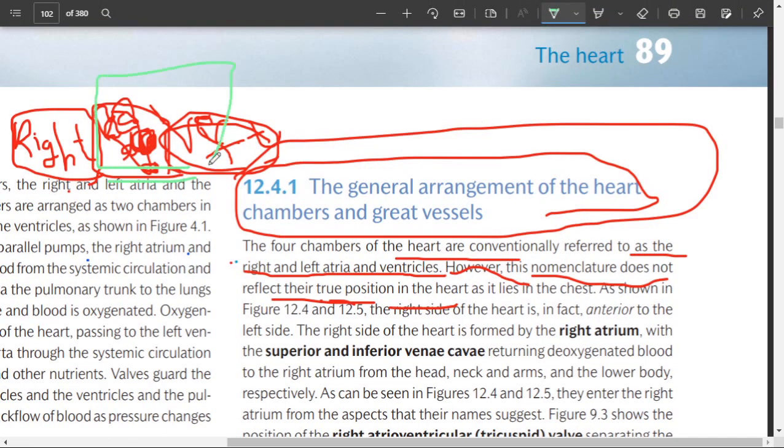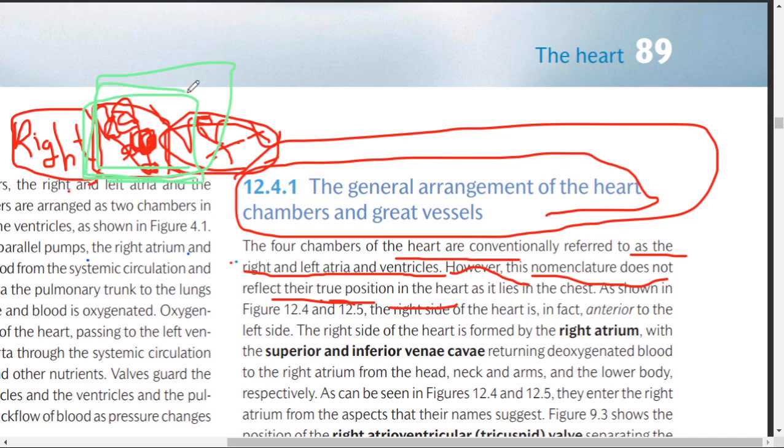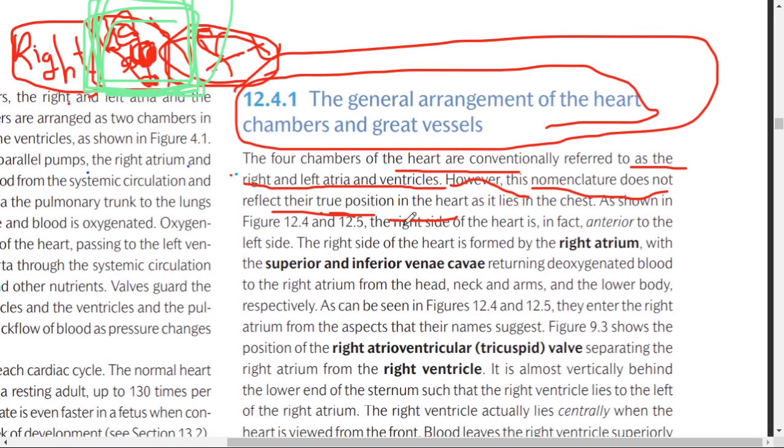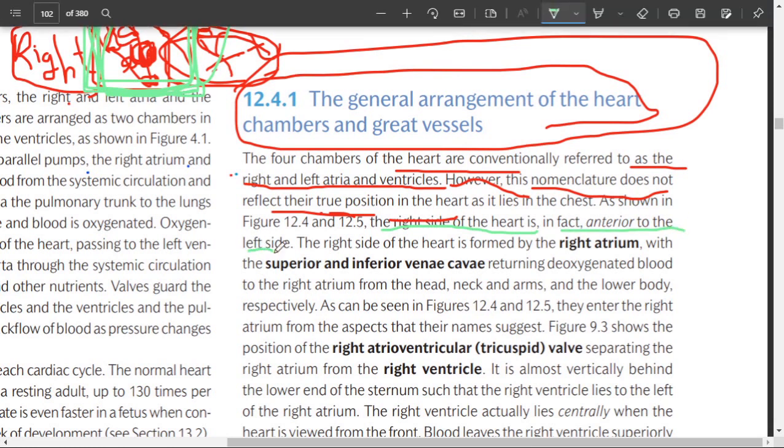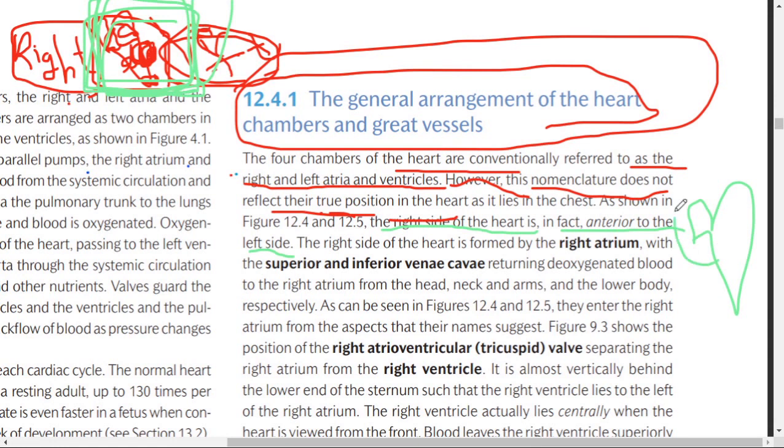This is the chest, and this is the heart inside it. There is a figure showing that the right side of the heart is in fact anterior to the left side. If this is the heart, then the right side is anterior to the left side, so it looks bigger in perspective.